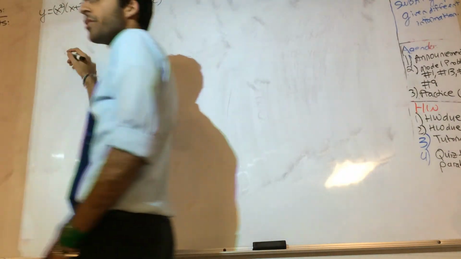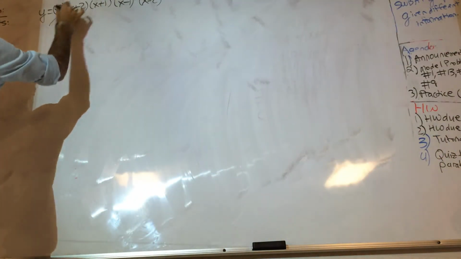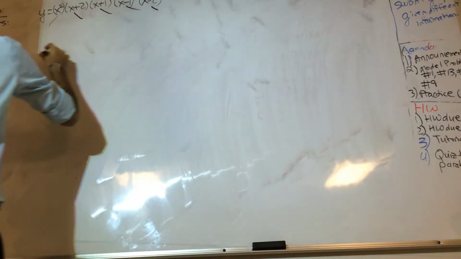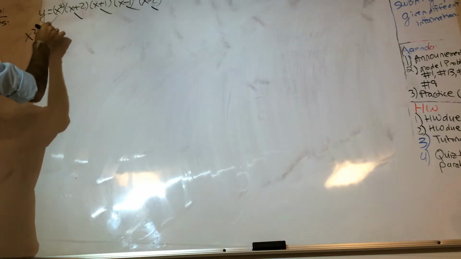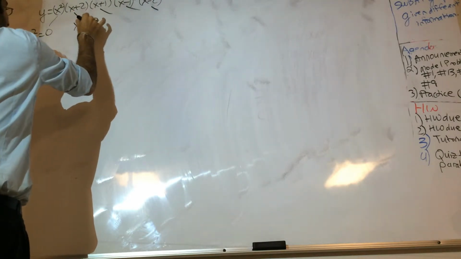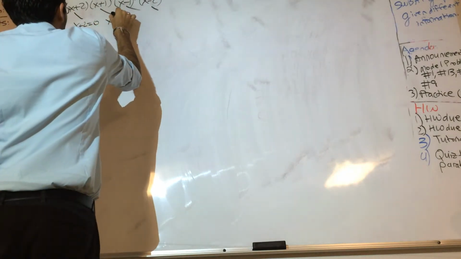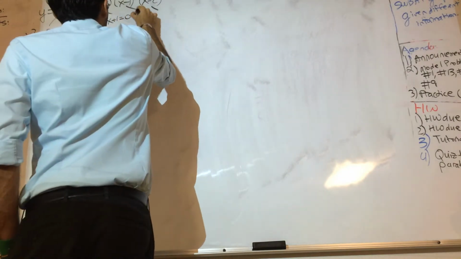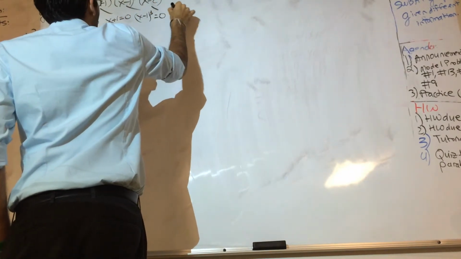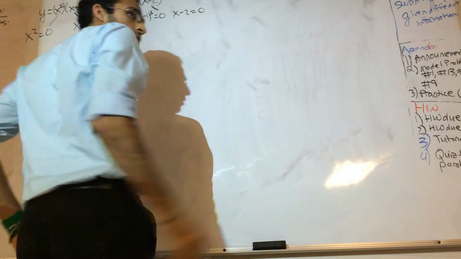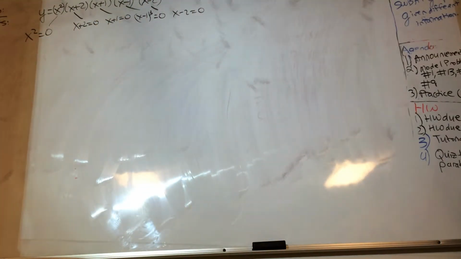The first thing I'm going to do is find the roots. Remember, we did this on Tuesday. If you need to look in your notes, totally fine. I'm now going to go through and identify the roots.